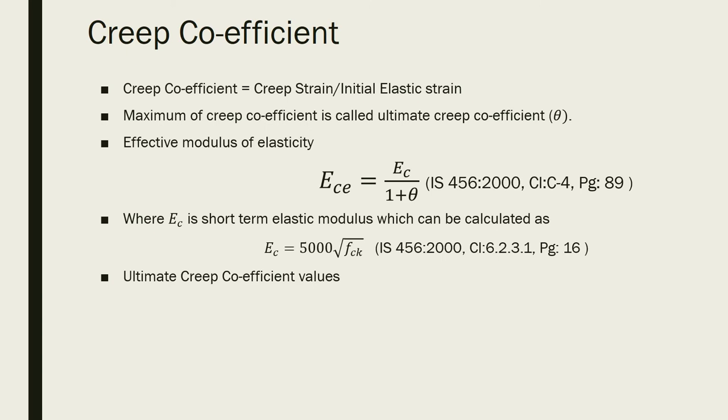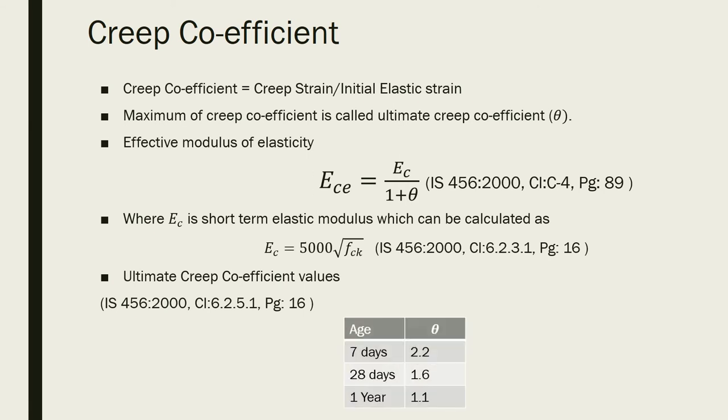Now, you have seen that to find out the effective modulus of elasticity, we need the ultimate creep coefficient. But the question is how to find out the creep coefficient. If you have some experimental results, it is well and good, but if you do not, then you can follow this particular table. This table is available in IS 456 clause 6.2.5.1.